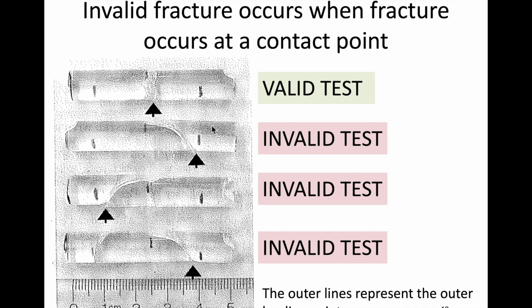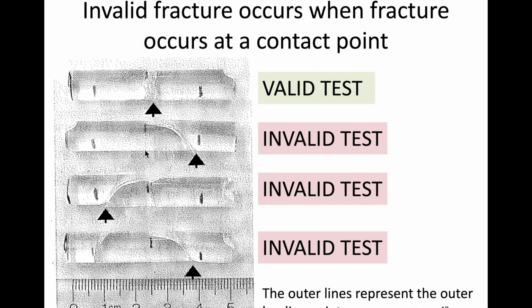These are the contact points for the setup. This one happens in the middle, away from those contact points, so this first one is a valid test. It's perpendicular to the long axis, and it's right in the middle, so it's not caused by a contact point.